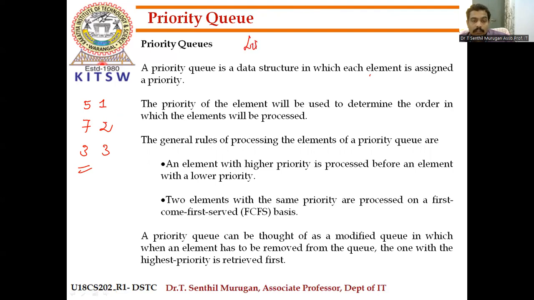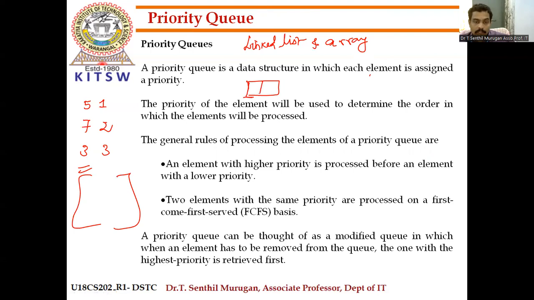One is linked list, another one is array. We can implement a priority queue using both concepts. If we are using an array, whenever we insert an element, it will be represented using a matrix. That we will see in the further slides. Linked list we will discuss in the next unit. But in a linked list, we can consider each variable has two portions, which is considered as the node.